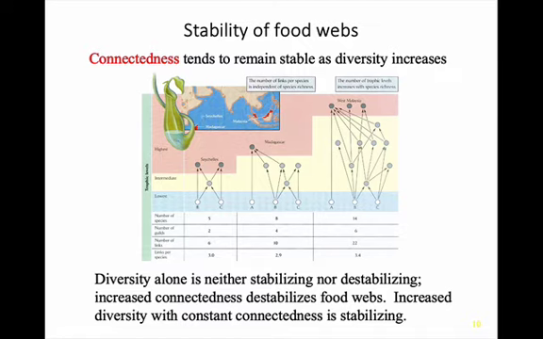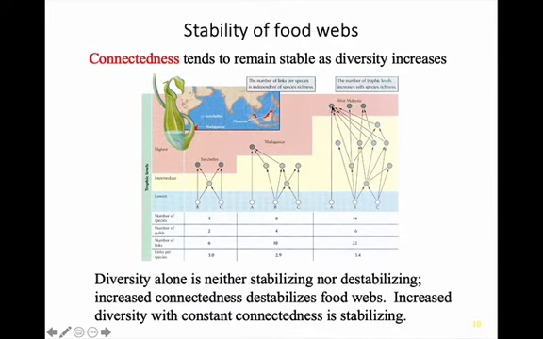So, the thing to understand then is that if you add species that interact with a lot of other species, that will actually cause a loss of stability. If you add more species but keep the connectedness about equivalent, you are actually then stabilizing communities.